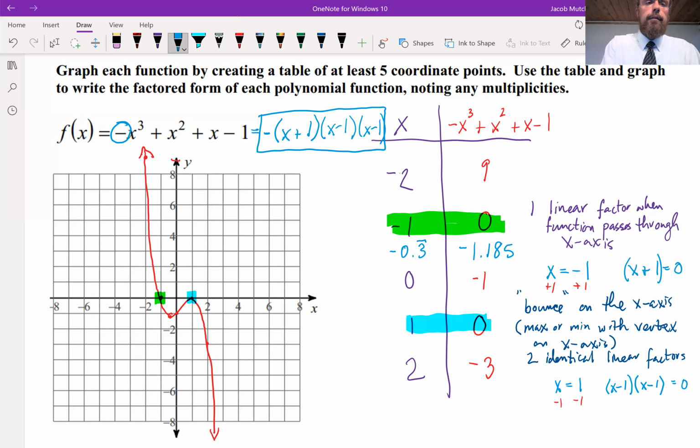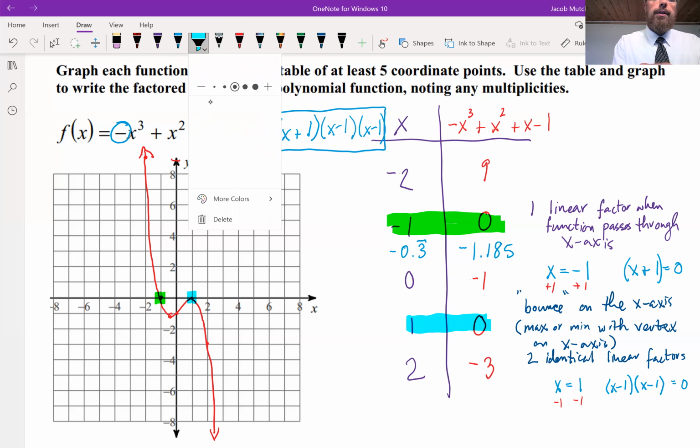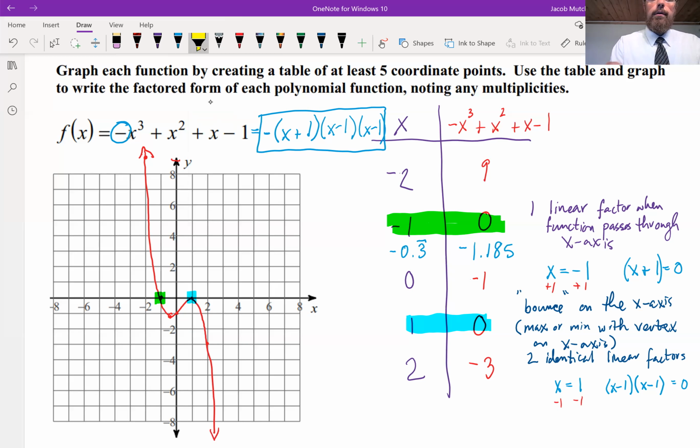Before we head off, though, what I want to notice is this duplicated factor, because the last piece in our instructions here says to find any multiplicities. So if I've got a duplicated factor there, one thing that I could say is that this is a factor x minus 1 with multiplicity 2.